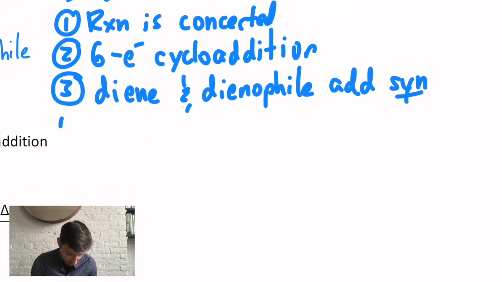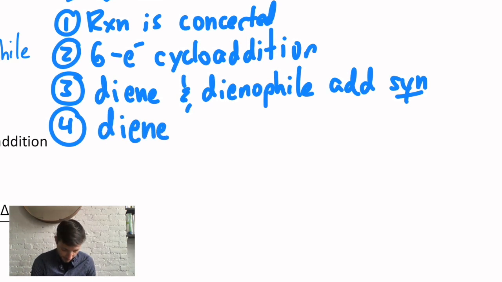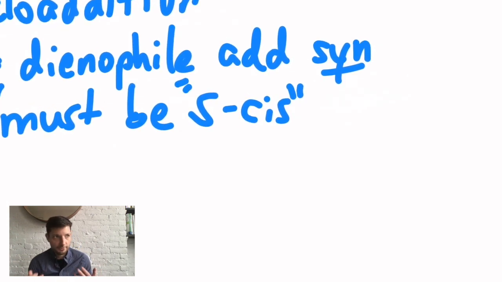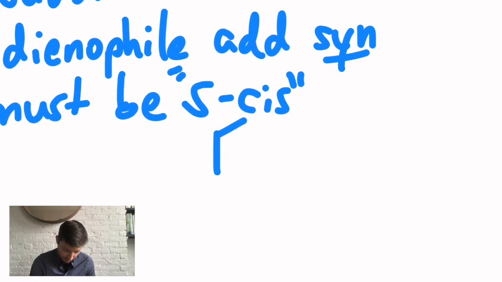And lastly, some restrictions specifically about the diene. The diene must be S-cis. That's a new term for us, and it's what we refer to the conformation. It's how we describe a conformation of specifically a diene, where the 2 alkenes are pointing in the same direction.